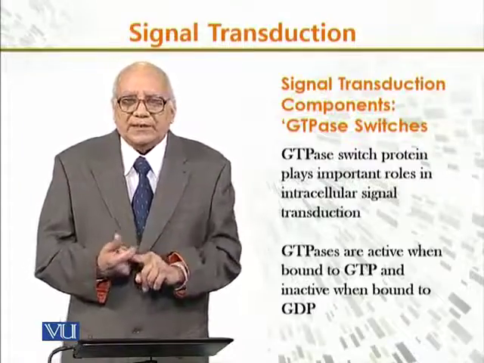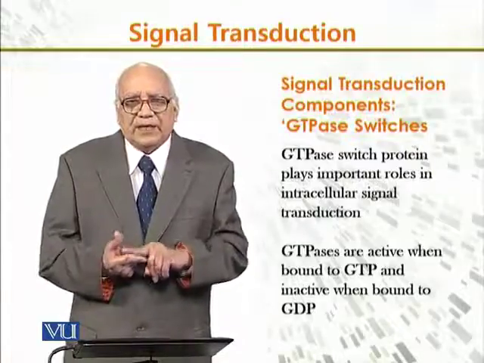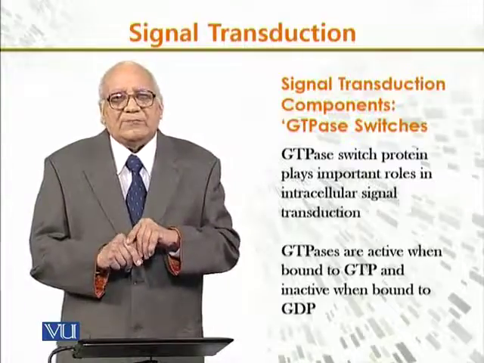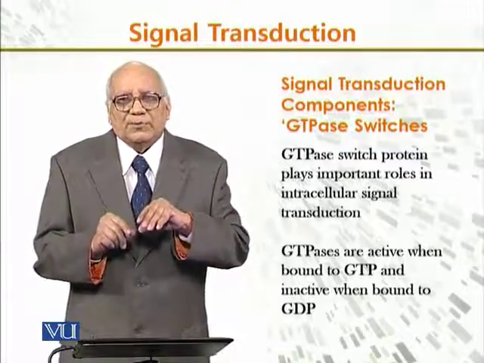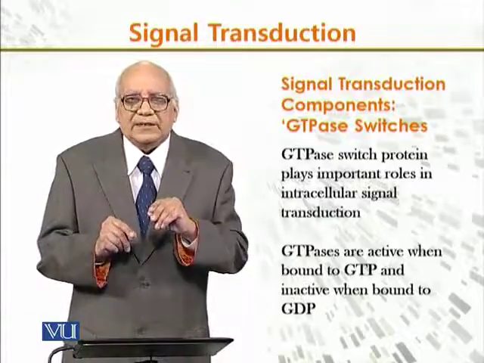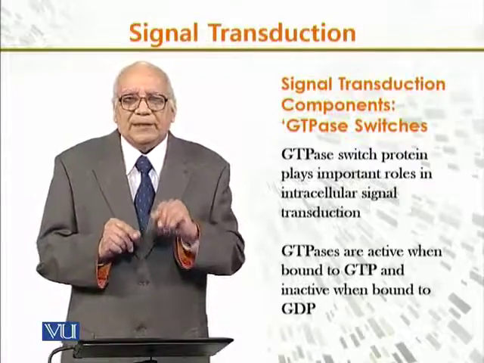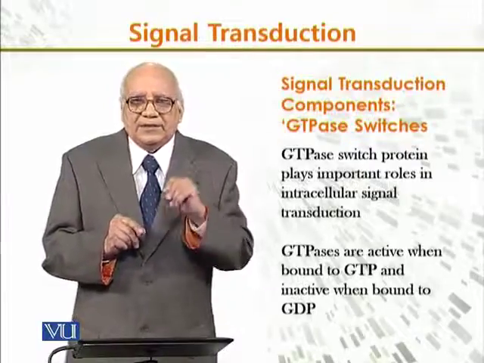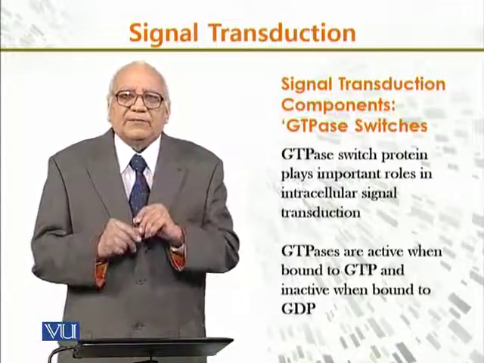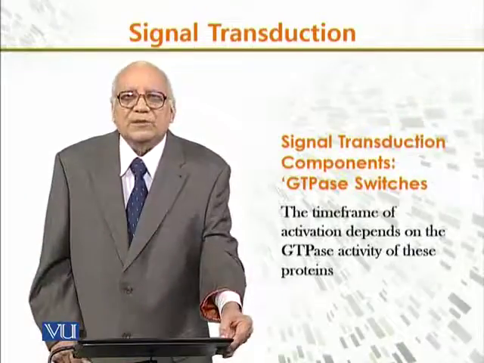GTPases are active when bound to GTP and inactive when bound to GDP, that is, when the phosphate group is removed from them. So that is how they become active and how they become inactive.